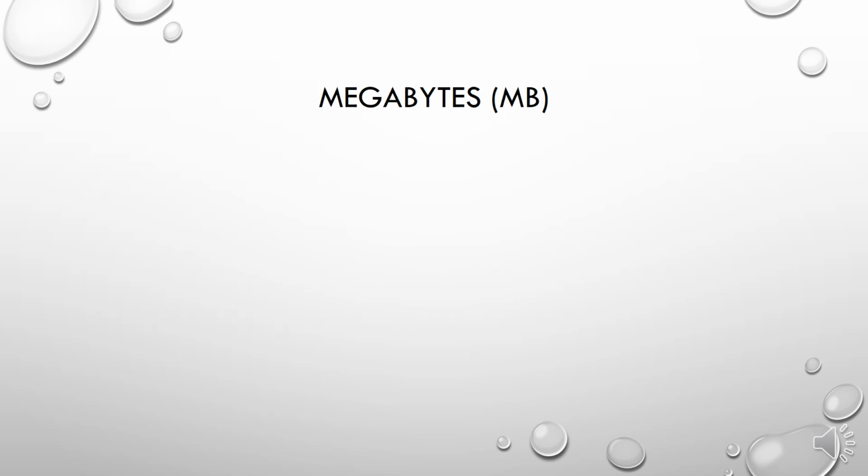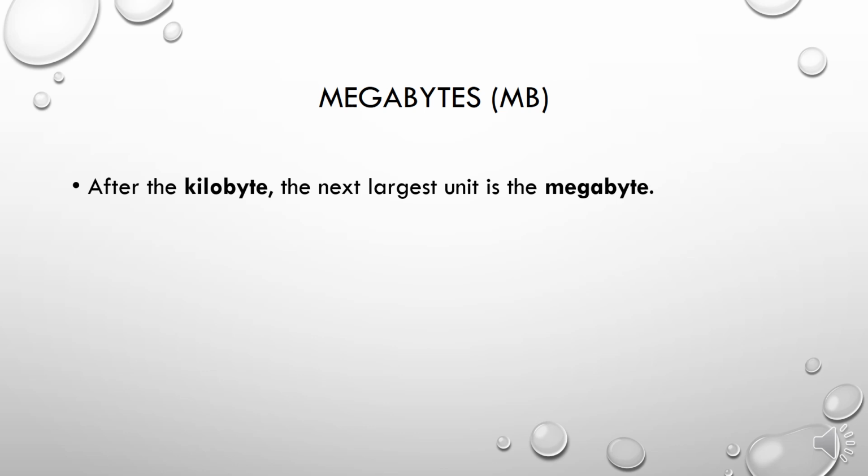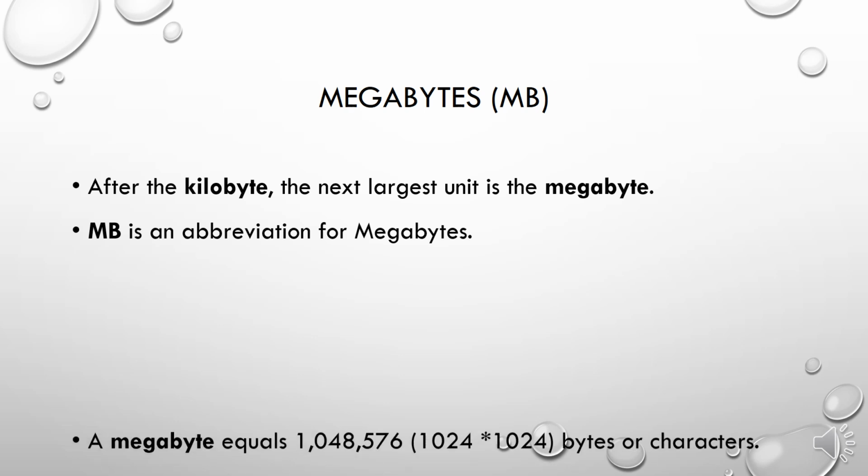The next unit after kilobyte is megabytes. After kilobyte, the next largest unit is the megabyte. So M stands for mega, then byte. Mega stands for 1 million. So MB is an abbreviation for megabytes. M for mega, B for bytes.